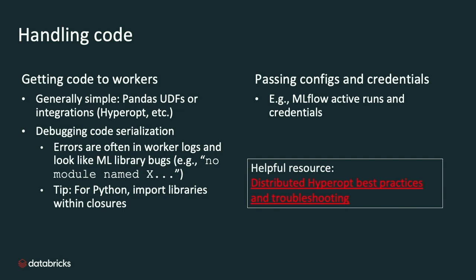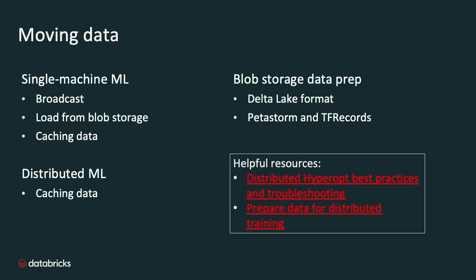Passing configs and credentials can also be tricky. Here I didn't show it because Databricks is handling the MLflow runs and credentials under the hood. But this helpful resource has some info on some of these topics. Moving data is also an interesting problem where for single machine ML, broadcasting that data or loading from blob storage can both be good options depending on the data size.